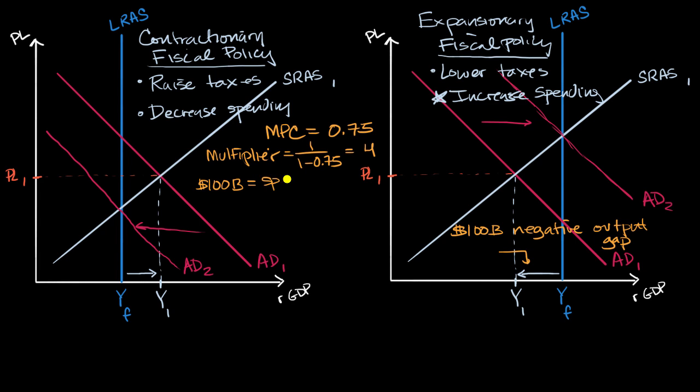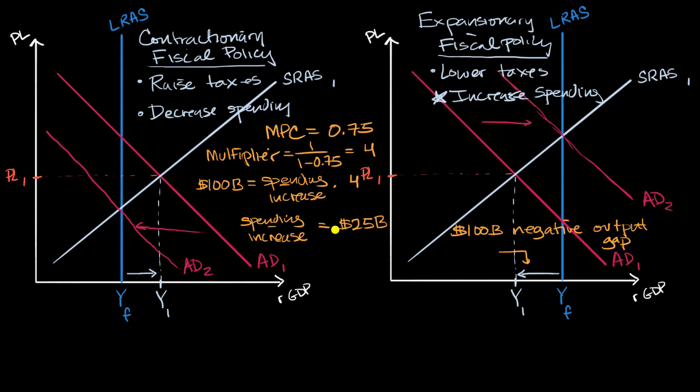And so if you want to close a $100 billion output gap, that's going to be equal to your spending increase times your multiplier. So in this case, it is times 4. If you divide both sides by 4, you get that your spending increase is going to need to be 100 billion divided by 4, which is $25 billion.